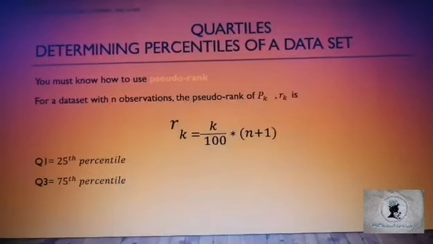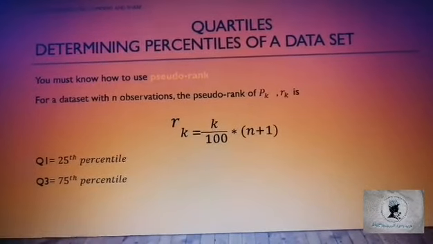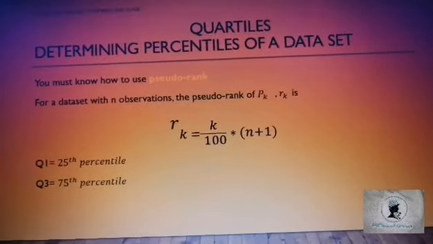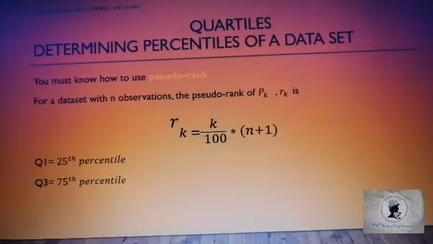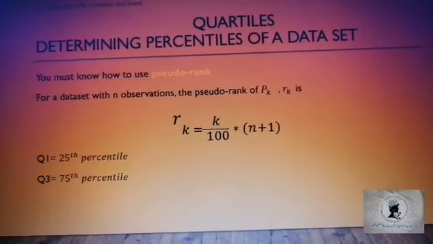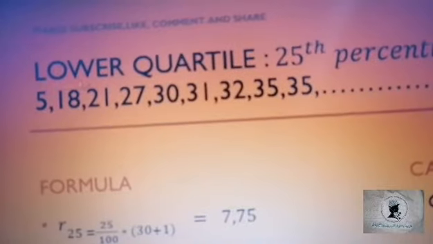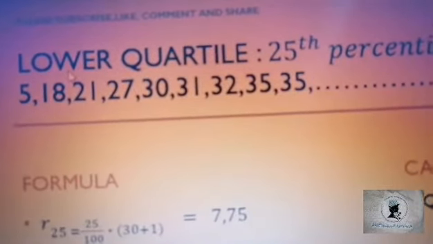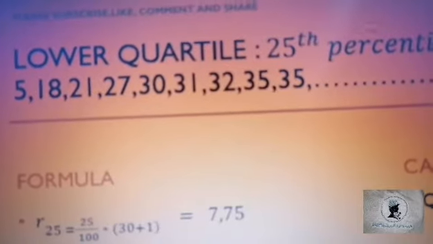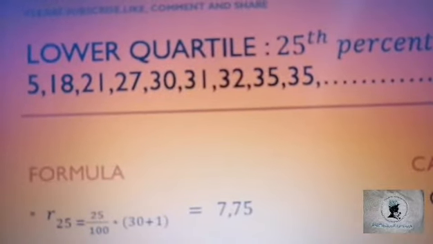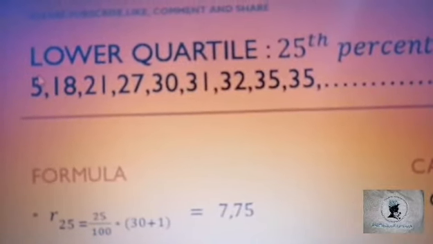I advise you guys to not use a calculator when determining your quartiles, and I'll be showing you why I'm saying that in the next slide. So I'll be showing you how to determine the lower quartile, which is your 25th percentile, using the pseudo rank formula.